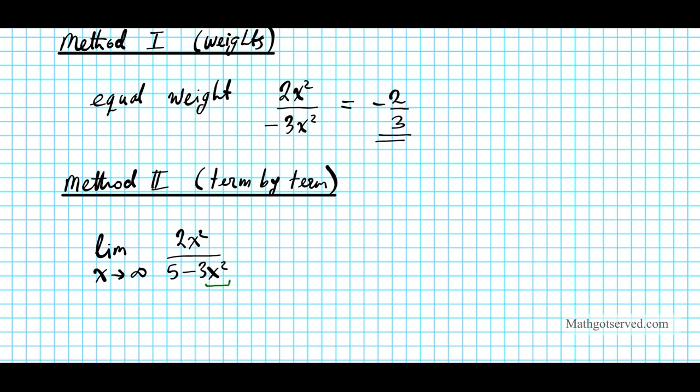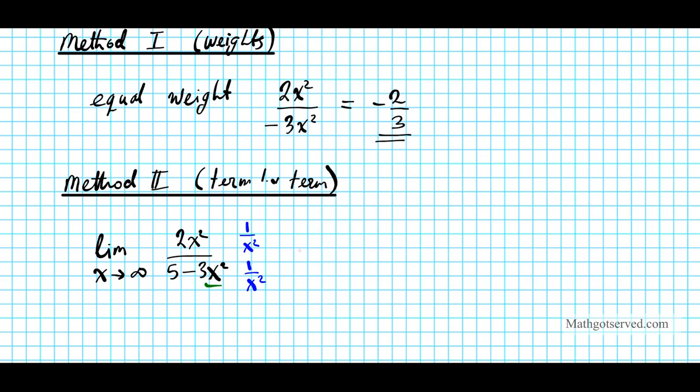So that's what we're going to multiply the numerator and denominator by. So we multiply by the reciprocal of that, 1 over x squared, in both the numerator and the denominator.